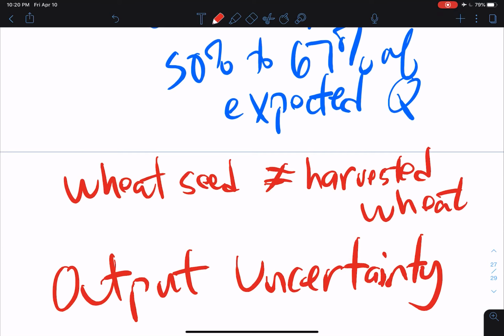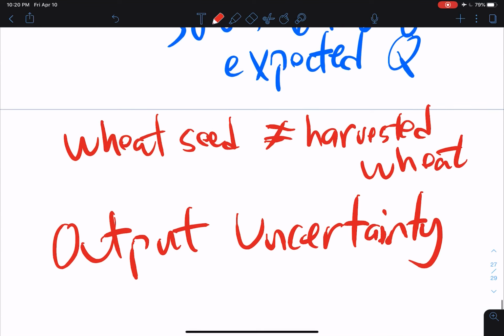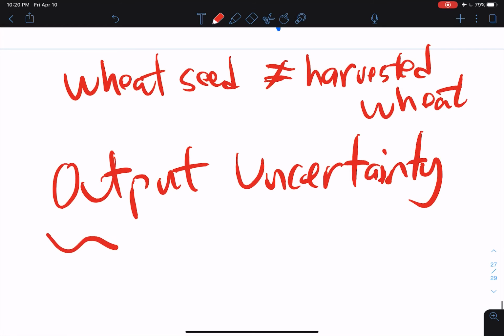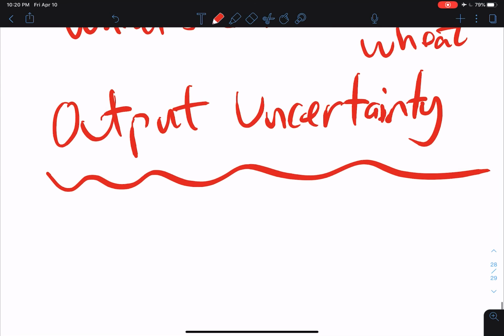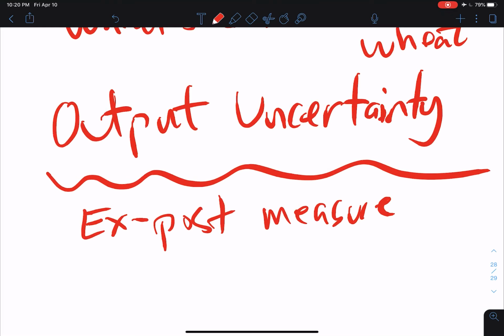And one other thing I'd like to mention is that we'd earlier talked about a measure of expected hedging effectiveness. We can also look after the fact and see how well our hedges perform. And there's an after the fact, an ex post measure of hedge effectiveness.